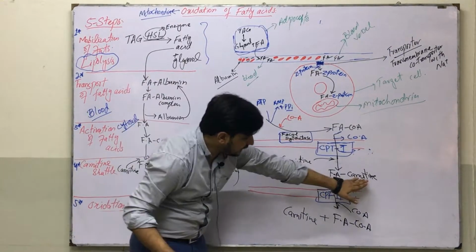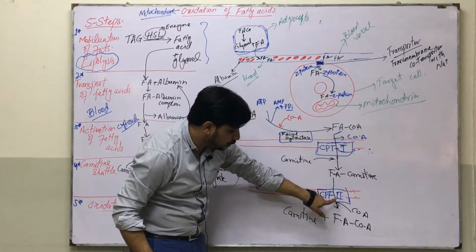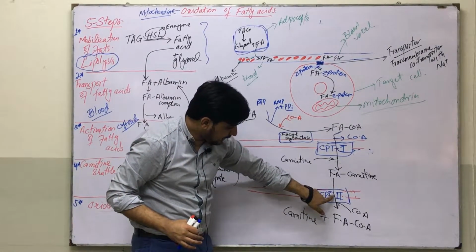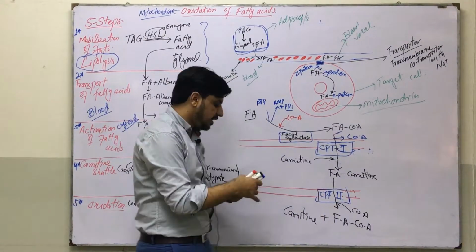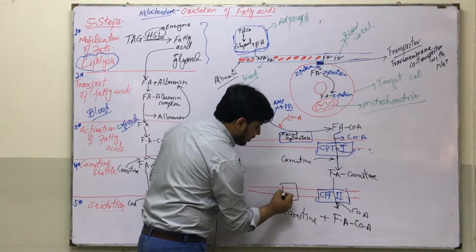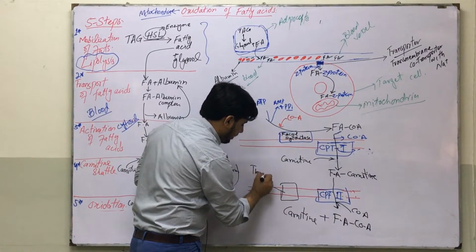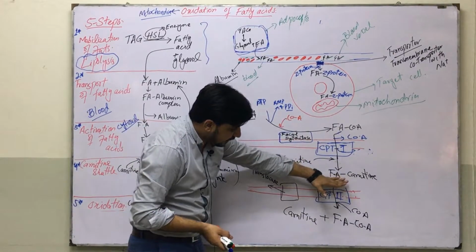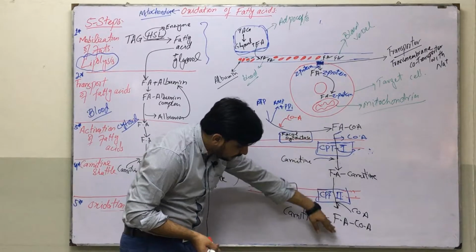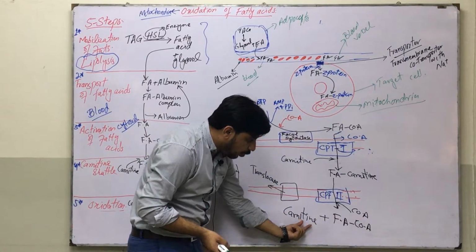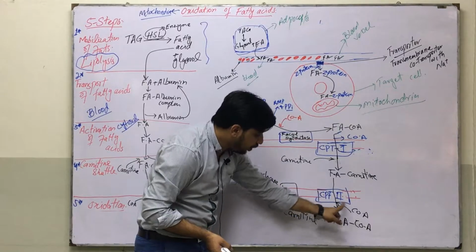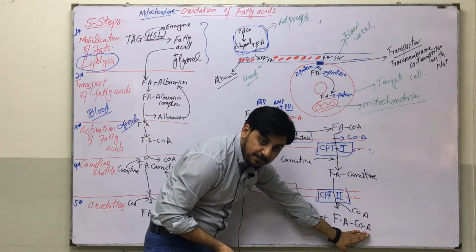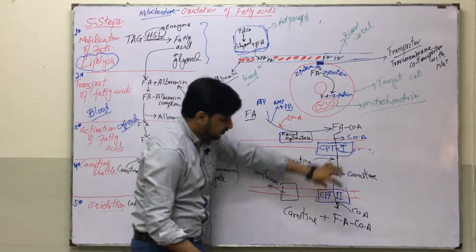Once again listen to me, fatty acyl carnitine with the help of translocase and CPT2, there are two processes. One process is with the help of CPT2, and the second process is with the help of another enzyme which we name as translocase enzyme. What will happen is that when this fatty acyl carnitine with the help of CPT2 enters into the matrix, carnitine will be removed and CoA will be added. When the CoA is added to this fatty acyl portion, there will be the formation of fatty acyl CoA, and carnitine is removed.